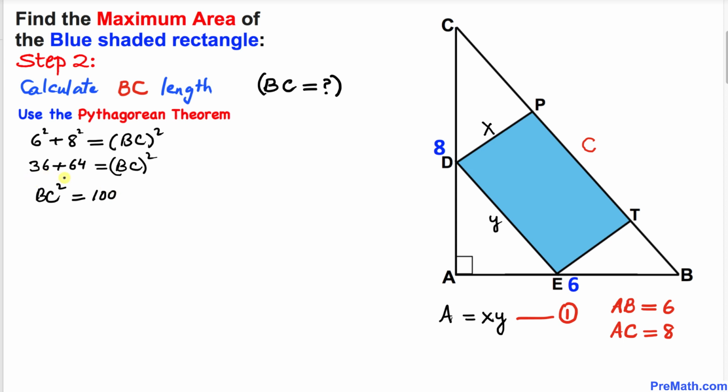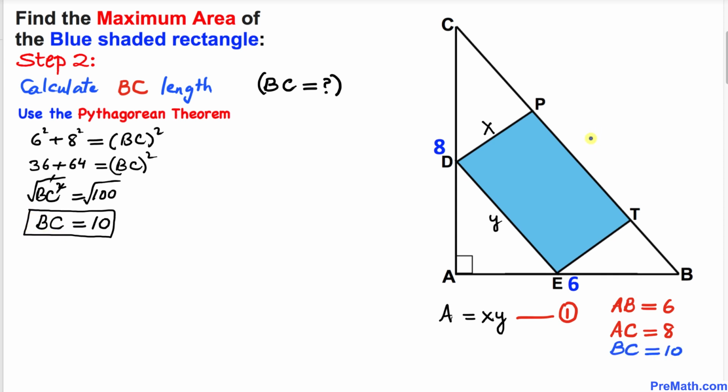Let's go ahead and undo this square by taking the square root on both sides. This square and square root is gone. So BC value turns out to be positive 10, and we are going to pick the positive value because we are dealing with the side length. So thus this side length BC turns out to be 10 units.